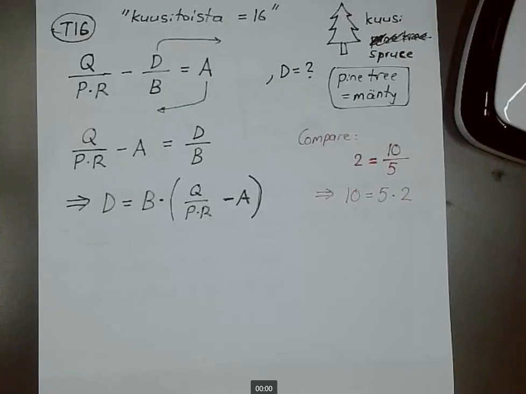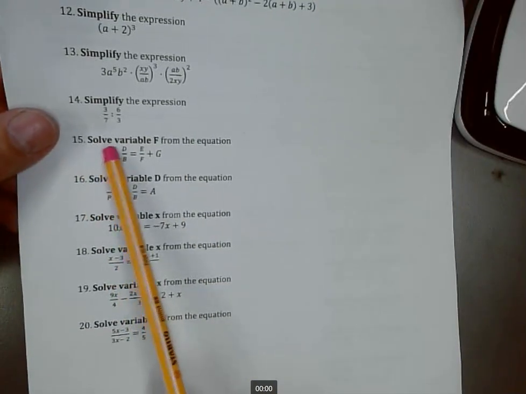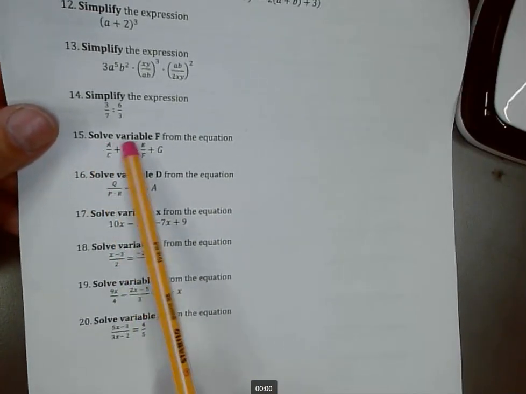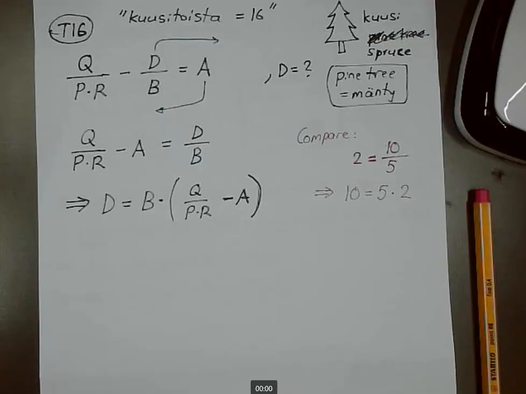Unfortunately, they are right now Finnish language problems, but you understand what to do if you remember those words in English: solve and variable, ratkaise, muuttuja. I will translate those when I have time. Today I have had a very busy day, so unfortunately there will be Finnish language problems, but the same problems still. So I will stop recording now, and it takes a while to get those problems to Moodle.